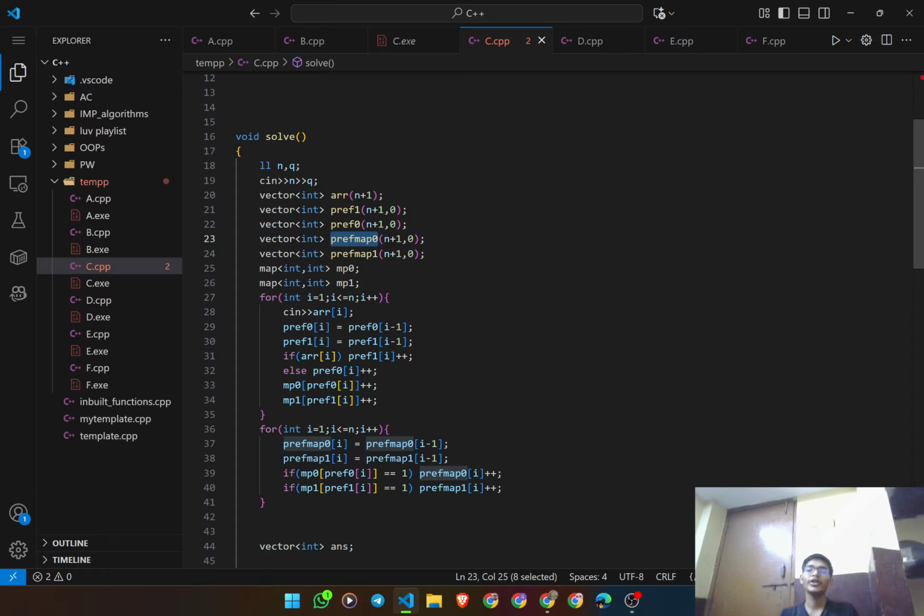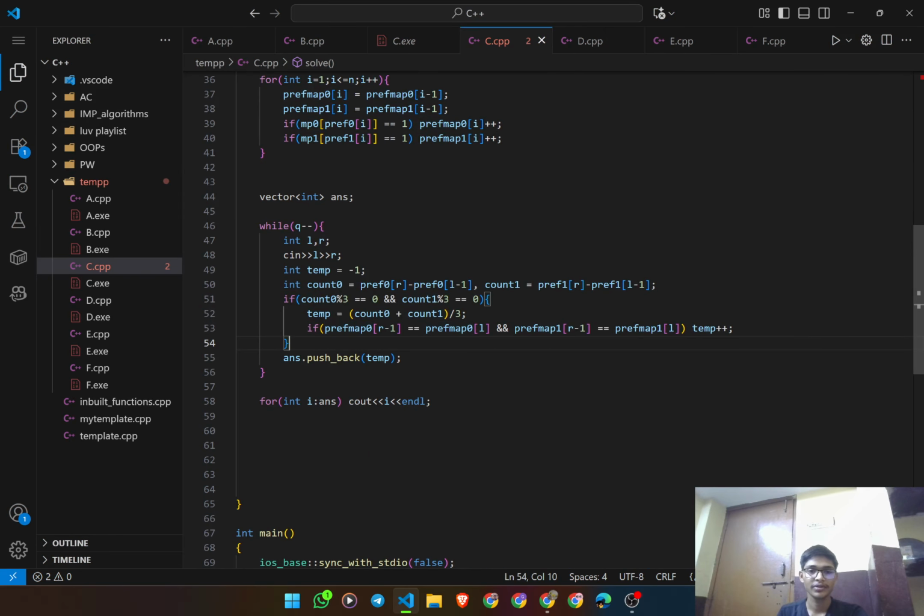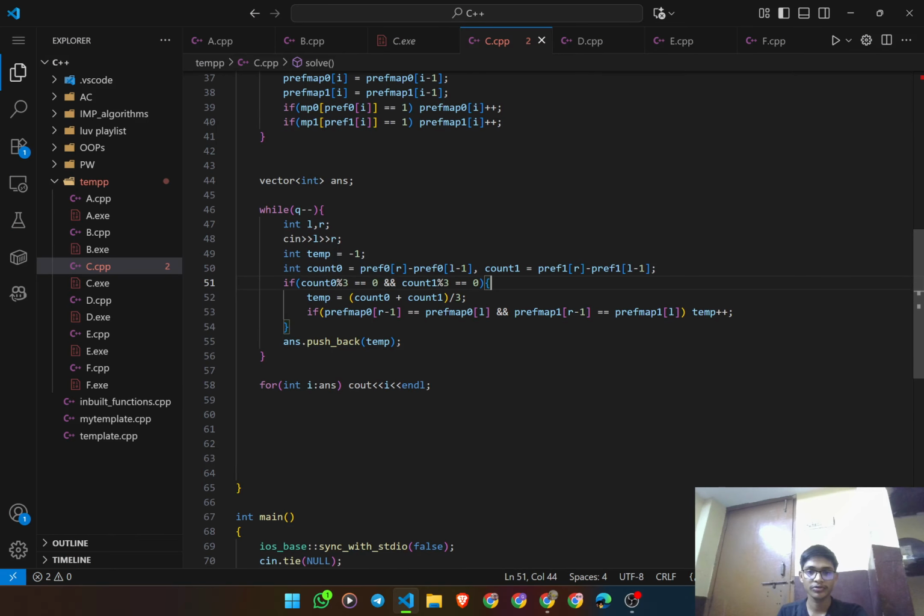So when we decrease the left minus of right, okay, prefix map 0, prefix map 0, right minus of 1 and left, we will get that if they are all equal, then any of the consecutive ones is present there, meaning any number of singles.